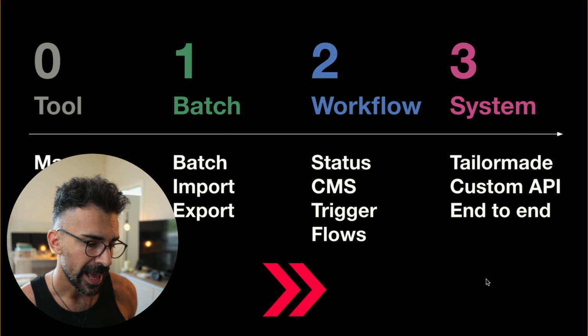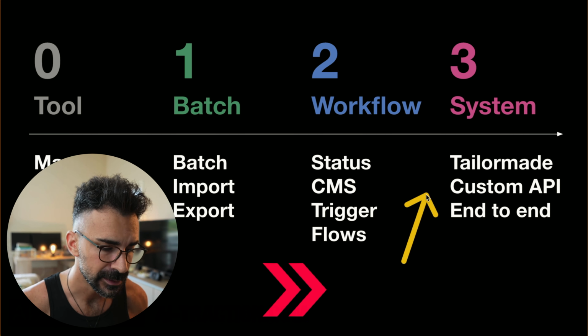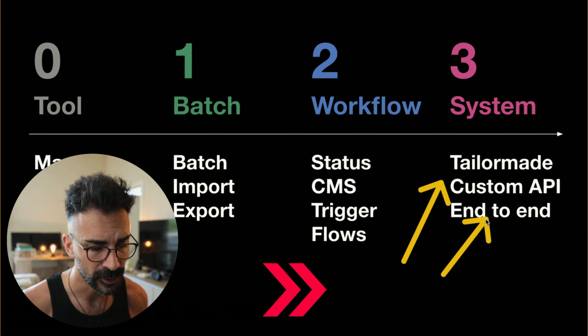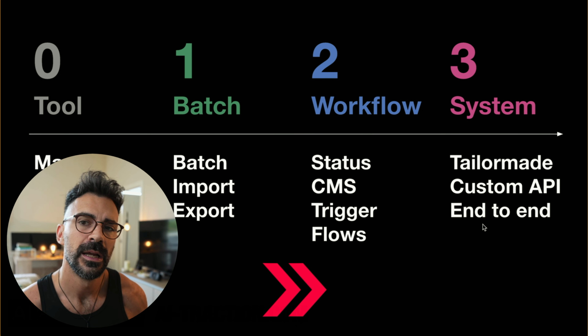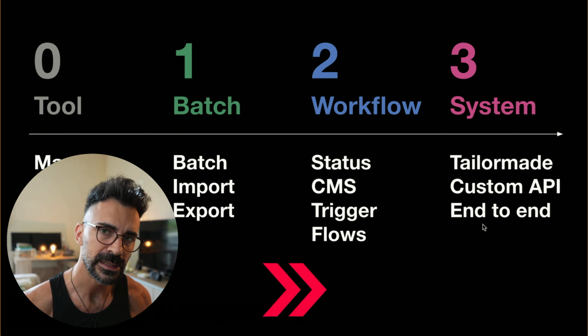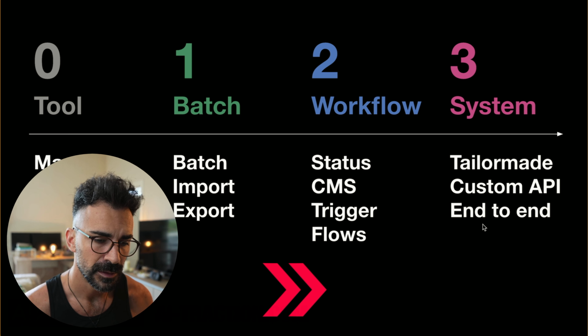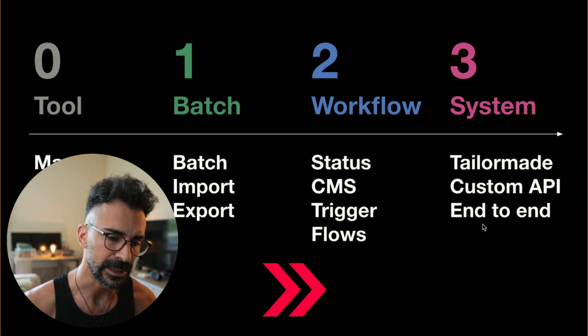What's next? We do have a tailor-made system that can support custom API and an end-to-end workflow automation, which is suited for more enterprise or complex processes. And this is something that requires a more complete team to work on.